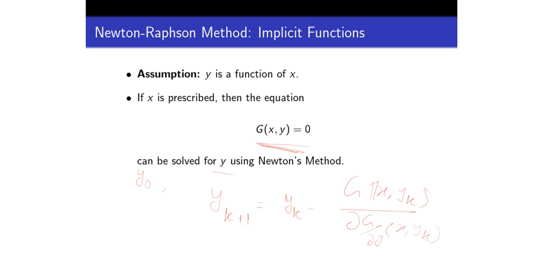So this will be the scheme, with k starting from 0, 1, 2, 3, 4 and so on. So it can be solved for y using Newton's method. You need to initially choose y naught and start working, and for different values of x, you have to start with a different y naught.